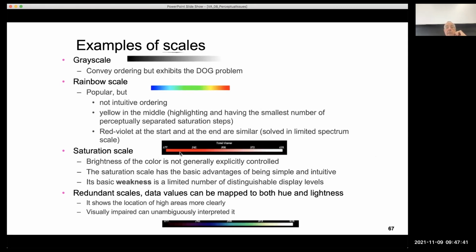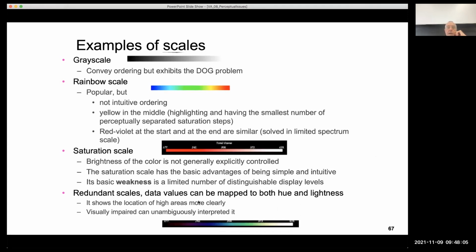Saturation scale, it is very good. A saturation scale basically is very simple and intuitive. The problem with it is how many distinguishable values you have here.